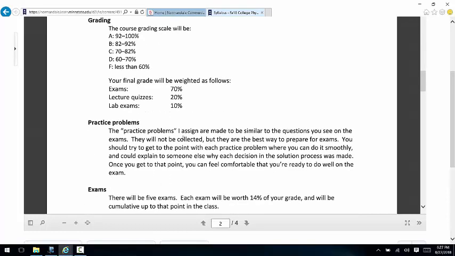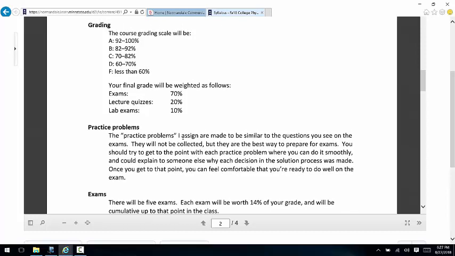Okay, so now grades. The grading scale is 92, 82, 70, 60. That's a little unusual. For people who grade on a straight scale, 90, 80, 70, 60 is a lot more common. I bumped up my A's and B's mostly just from experience.